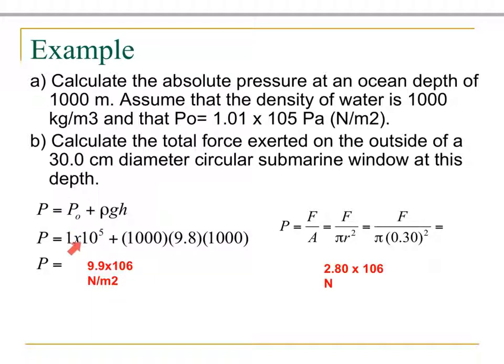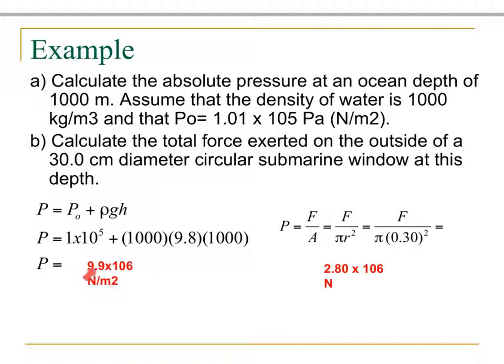Right here we have our initial pressure as 1.01 times 10 to the fifth pascals. Plus, we have our density of water is 1,000 kilograms per meter cubed. The acceleration due to gravity is 9.8, and we see that the depth of the water is right here as 1,000 meters. We put that in here, we solve, and we get 9.9 times 10 to the 6 newtons per meter squared as our absolute pressure.